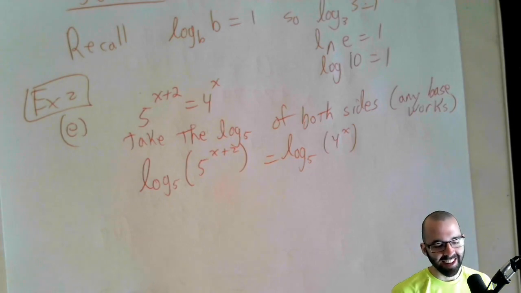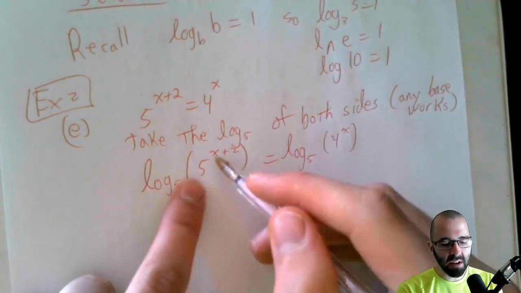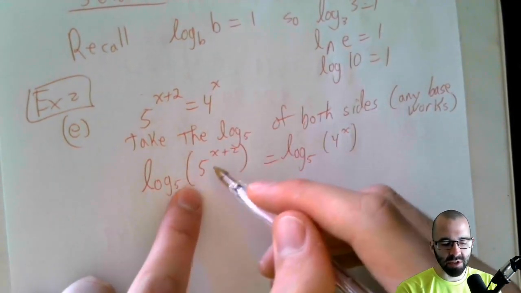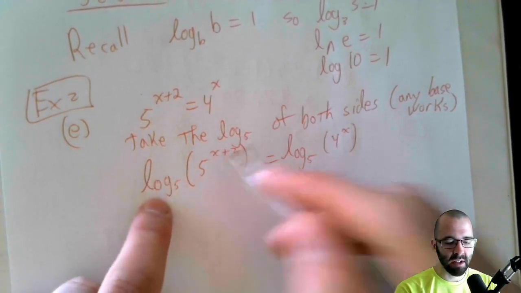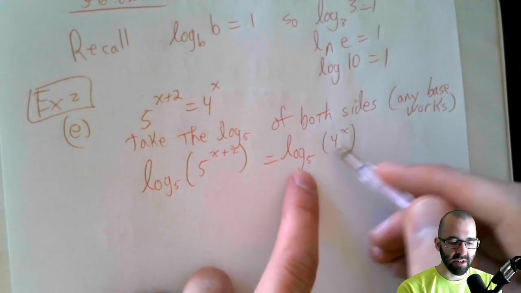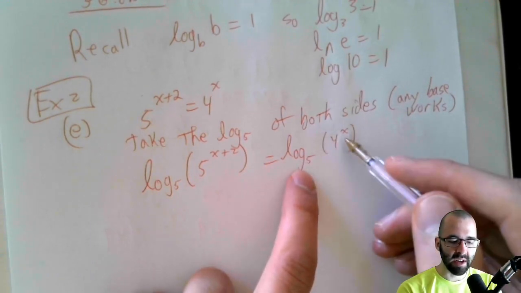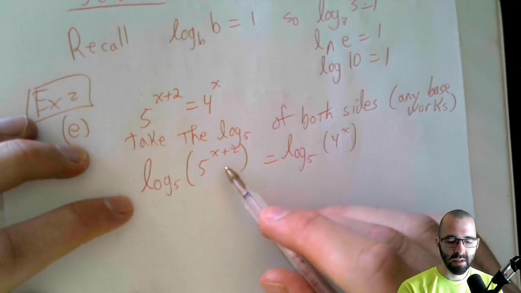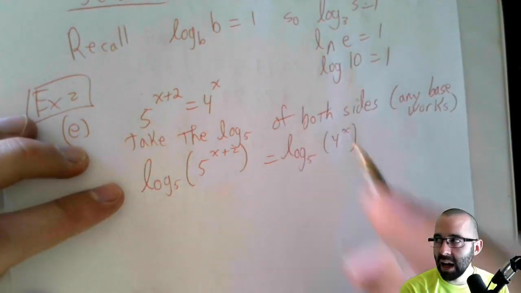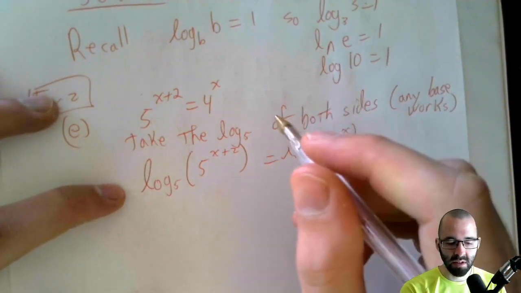Okay? So, log base 5 and the exponential function, these are inverse functions of each other. They cancel each other out completely. These are not inverse functions of each other because they have a different base. Okay? So the left-hand side really does just simplify to x plus 2. But I want to review why it simplifies to x plus 2.